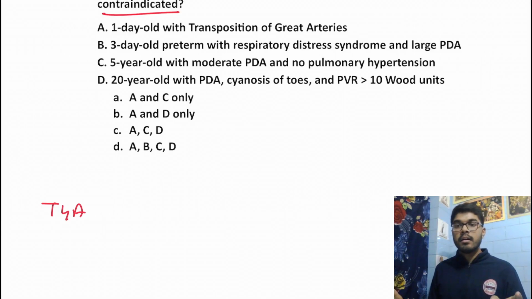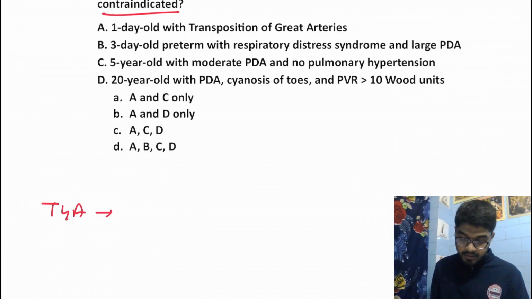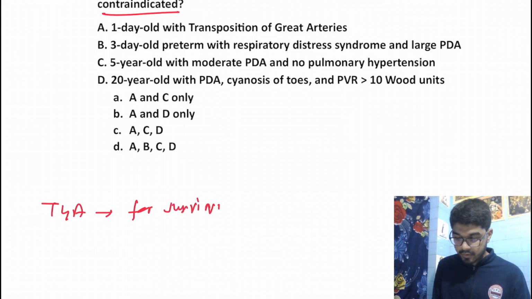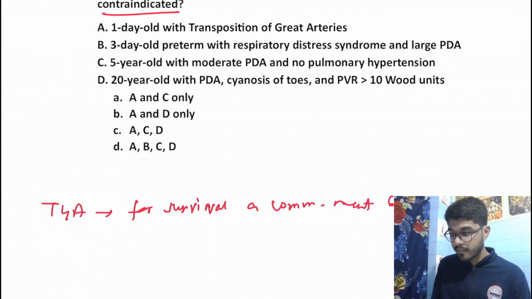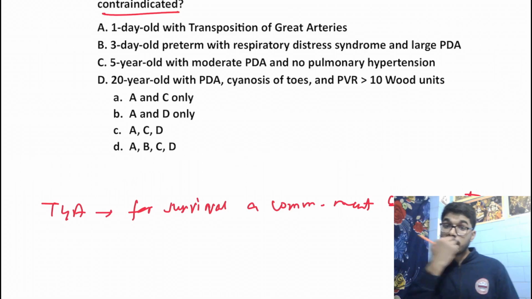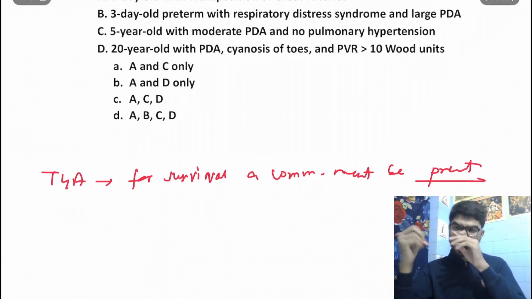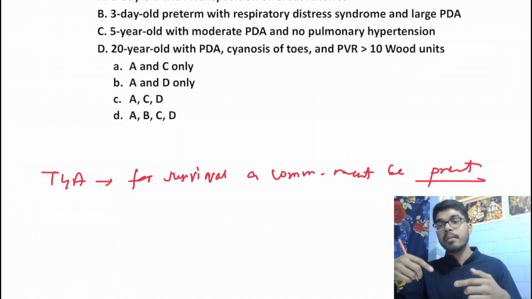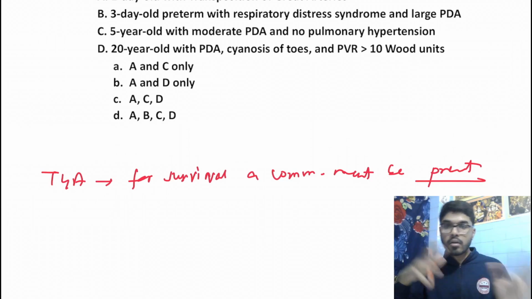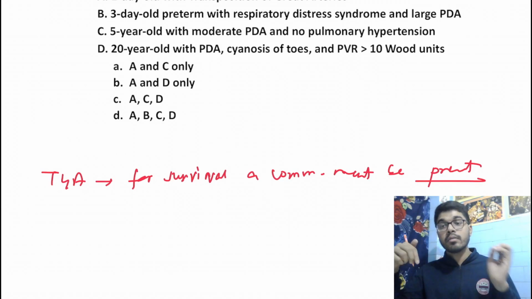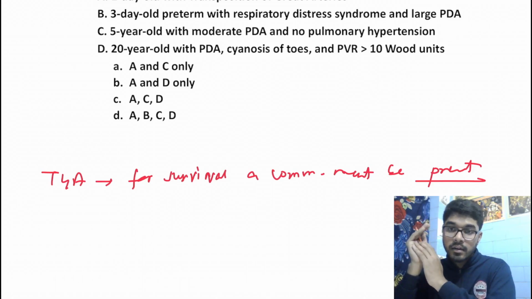But in case of TGA, for survival, a communication must be present, because the two circulations run in parallel to each other. The oxygenated and the deoxygenated blood are not combining, so we need a channel so that they can combine.